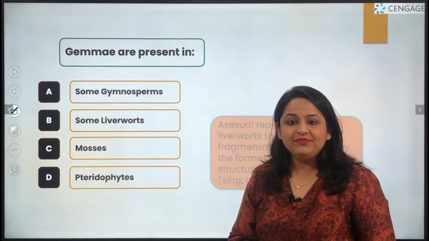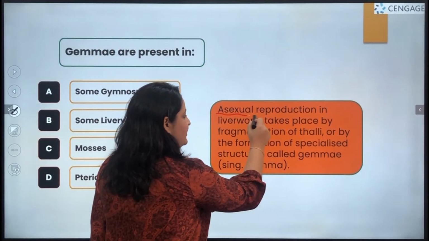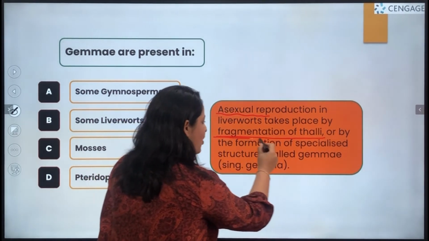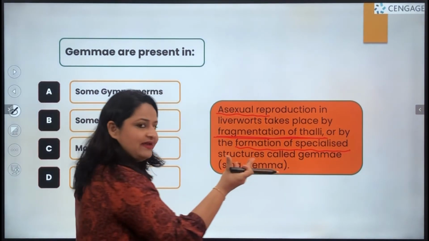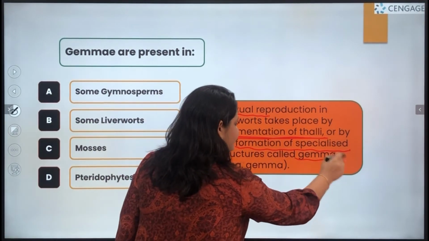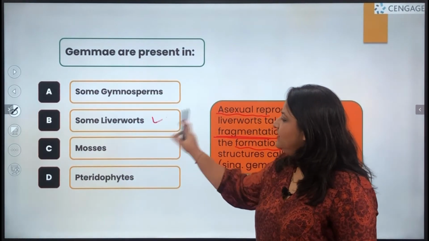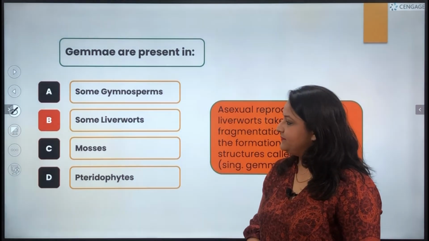We all know that some liverworts undergo asexual reproduction by either fragmentation of their thallus or by the formation of specialized structures, certain cup-like structures which are known as gemmae cups. So the answer over here directly goes to liverworts. The answer will be B over here.